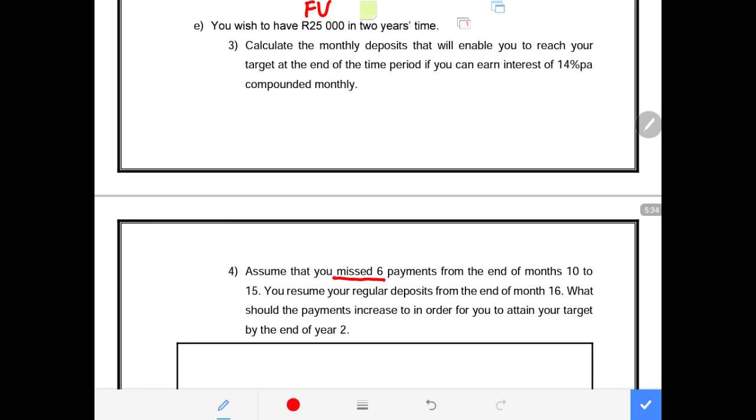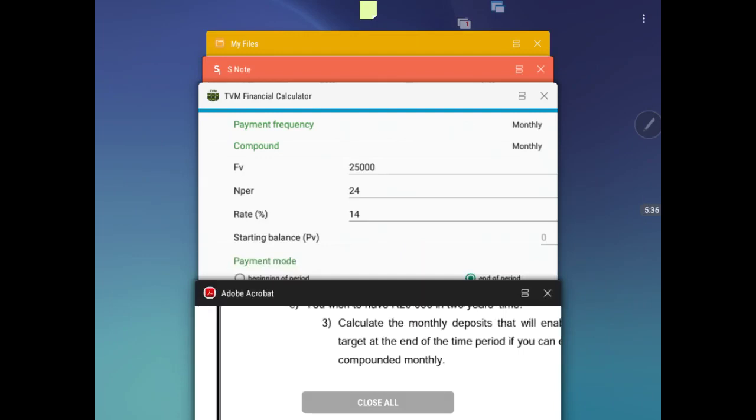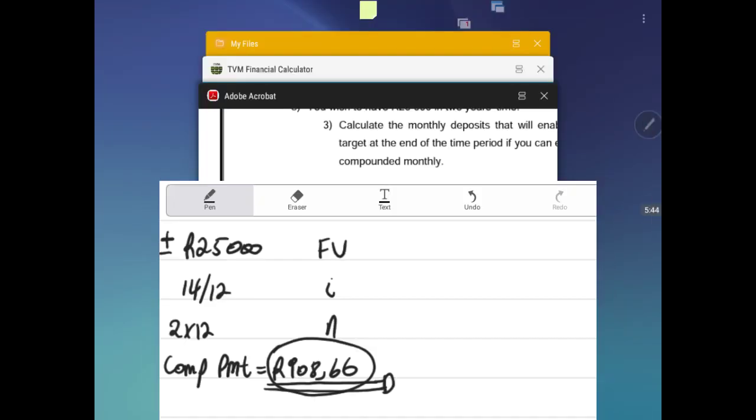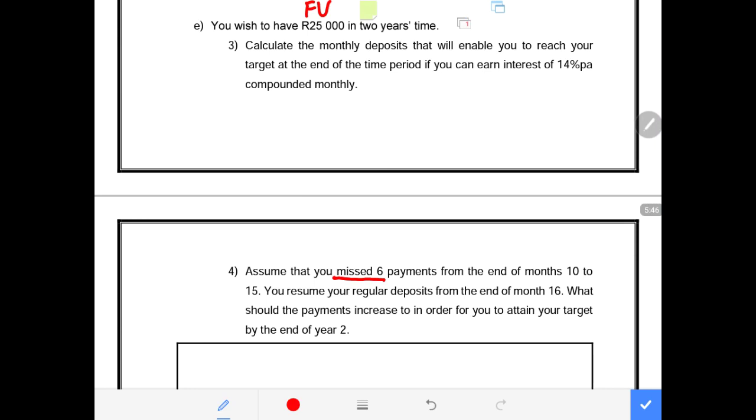So that means the payments of 908 rand 66 cents will only be made up to month number 9. Then from month number 10 up to month number 15, they were missed. You resume your regular deposits from the end of month 16.